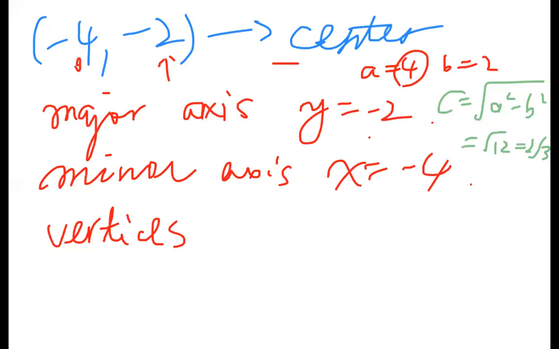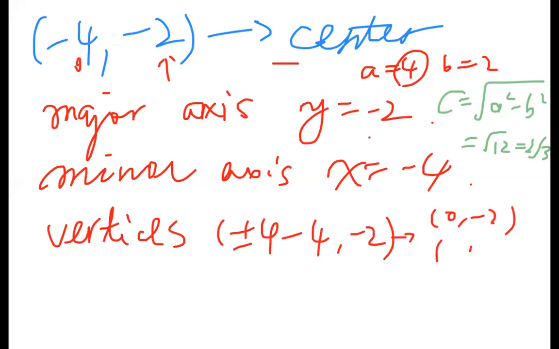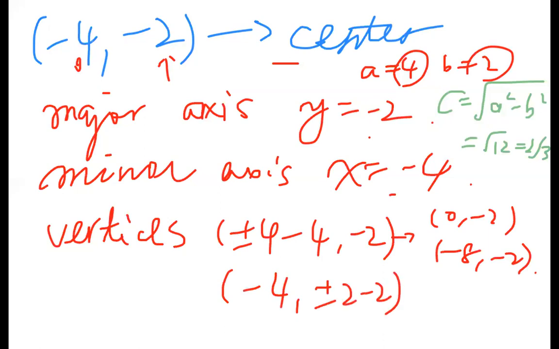So plus and minus 4 from minus 4, minus 2, which is 0, minus 2 and minus 8, minus 2. As for the minor axis, you just add and subtract 2 on the y coordinates, which is minus 4, 0 and minus 4, minus 4.